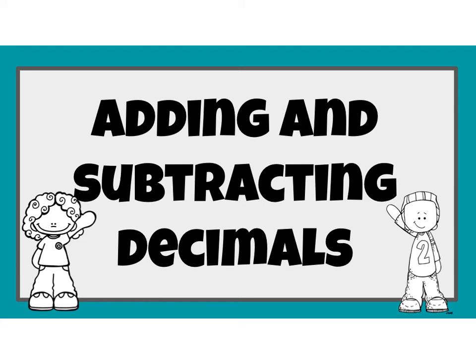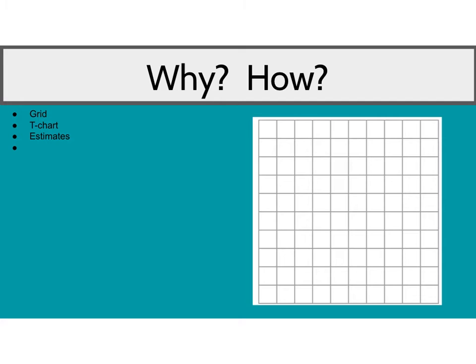Okay, so we're going to get to the meat of the lesson today, which is adding and subtracting decimals. So why are we adding and subtracting decimals? Well, first of all, decimals are part of real life. We see them in money. We see them in costs of things at the store. They give us unit prices for different items. We see them at the gas station.